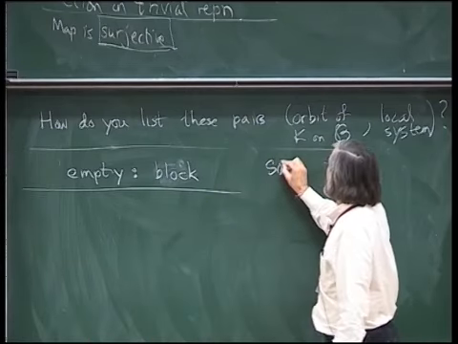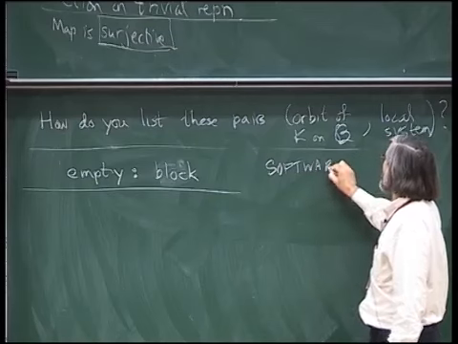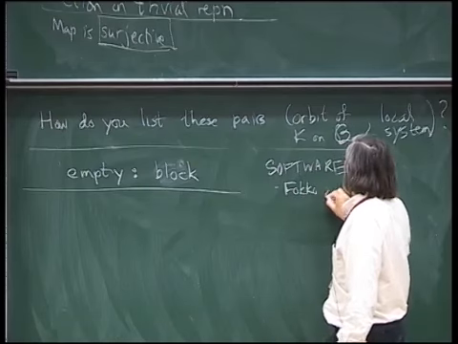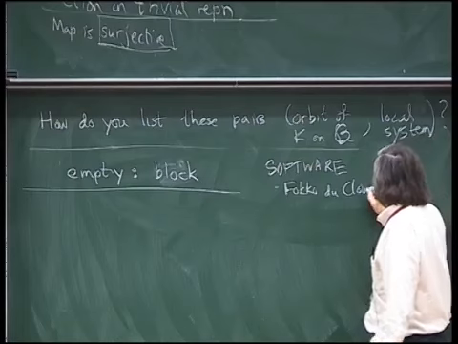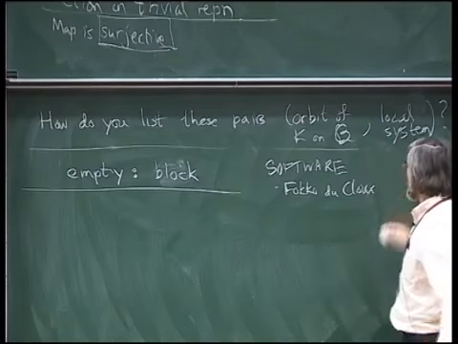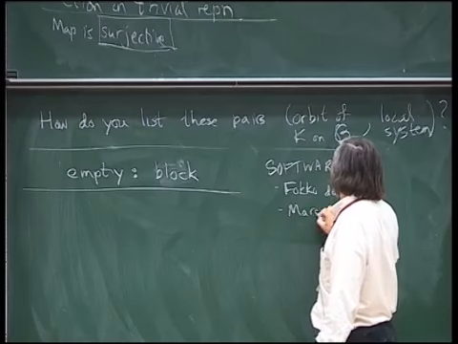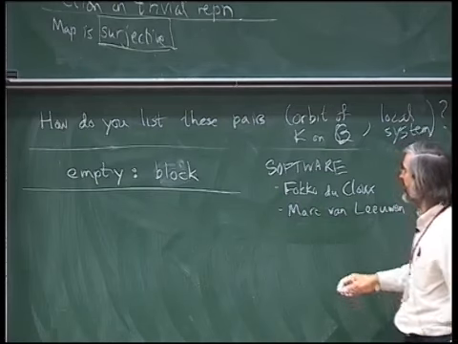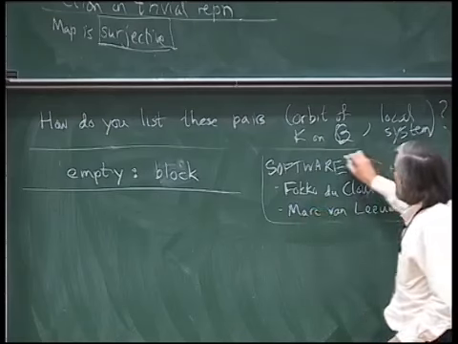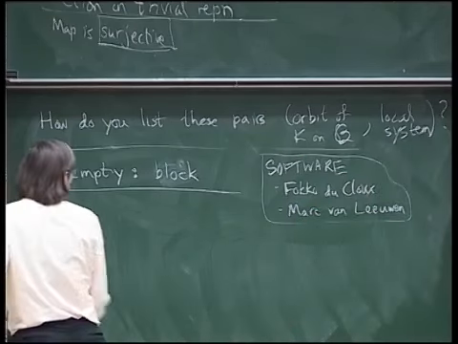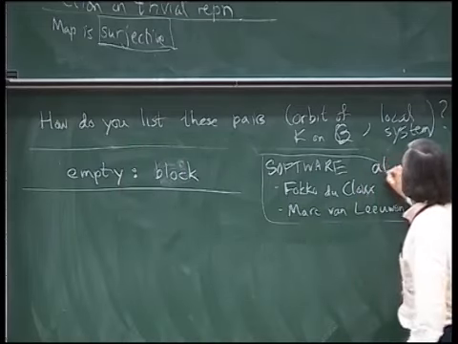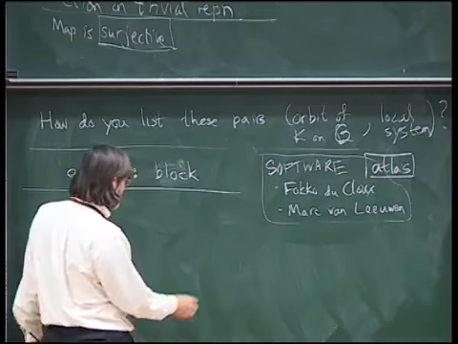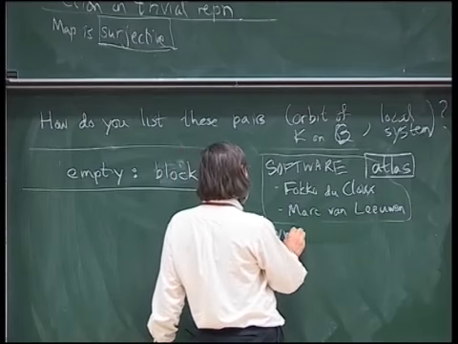There's some software which was written by Fokko du Cloux and is being ever expanded and improved by Marc van Leeuwen. And the software is called Atlas, and it's available at www.atlas.org.